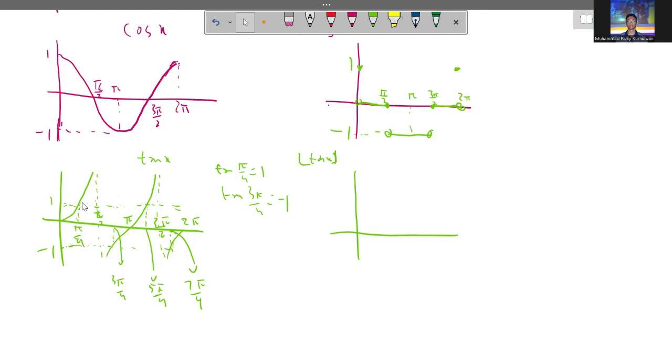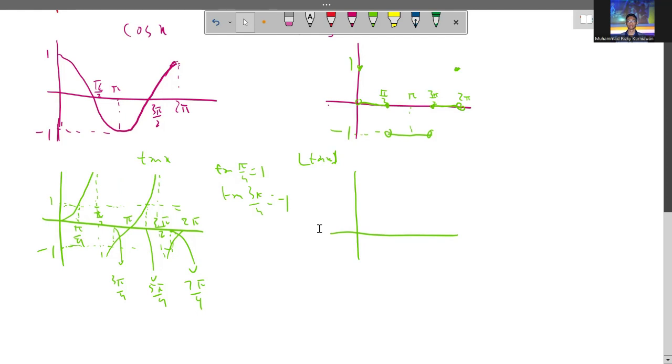Now, we don't need to know the exact bounds for when tangent of x becomes 2, tangent of x becomes 3, and so on and so forth. All that matters is that once you hit x equals pi over 4, the GIF of tangent of x becomes a bit awkward, but we don't need to worry about it.